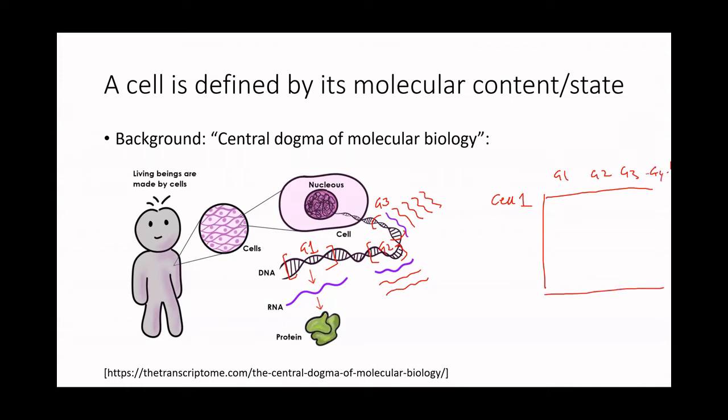And then there is gene 4 and so on. So I'm not showing gene 4, so I'm assuming that gene 4 is present in 0 copies. This is present in 1 copy, this is present in 3 copies, this is present in 5 copies. In some other cell, some cell 2, maybe gene 1 is present in 100 copies, and all these other genes are present in very few copies. Okay.